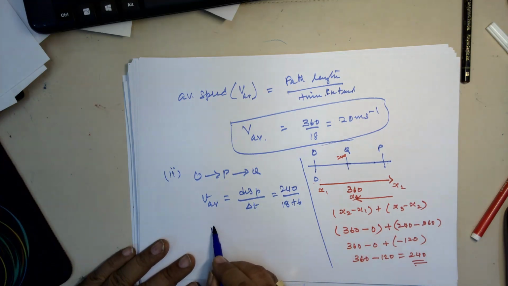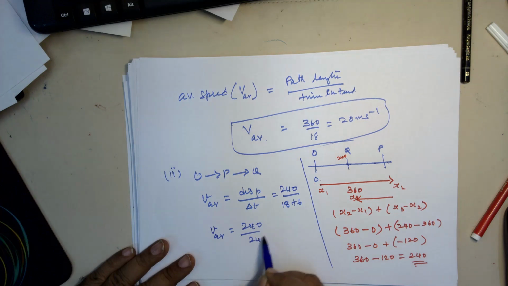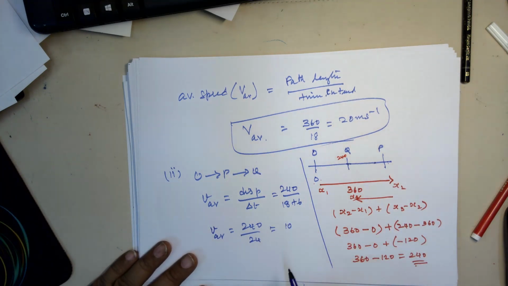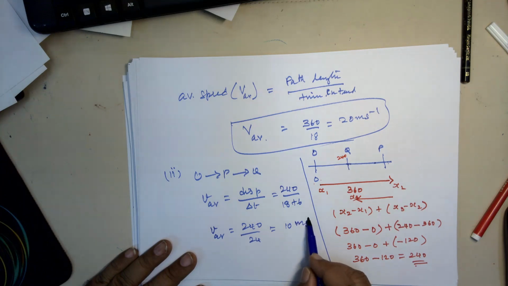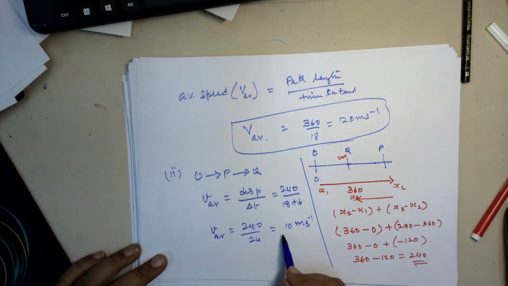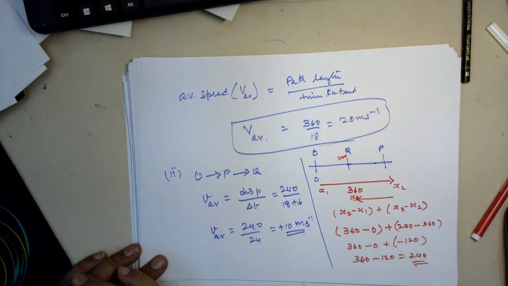So V average is equal to 240 divided by 24. So in that case, it is 10 meter per second. And since it is a velocity, you have to mention this as plus 10 meter per second. You have to put the sign also to be on the safe side.